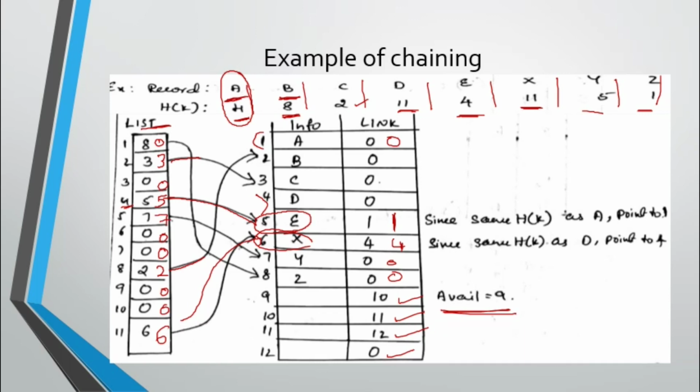In the same way, Z is in the 8th location. So in the first list, erase that 0, write 8, and create a link. That is how these links are created, and all the other numbers will be 0 only.